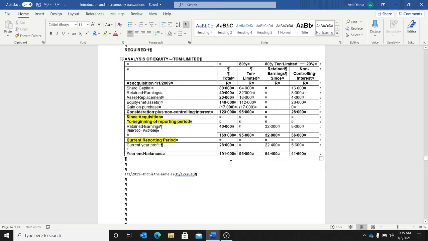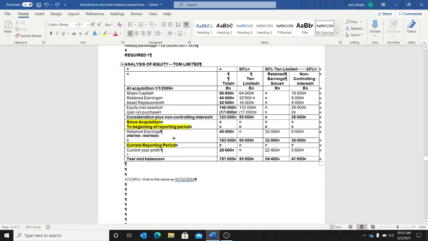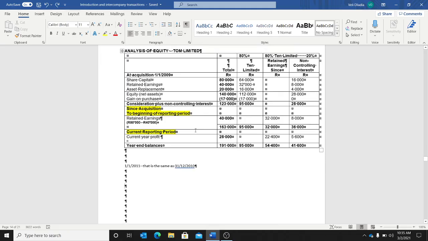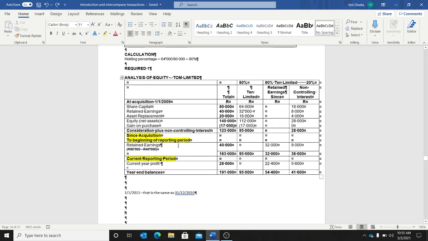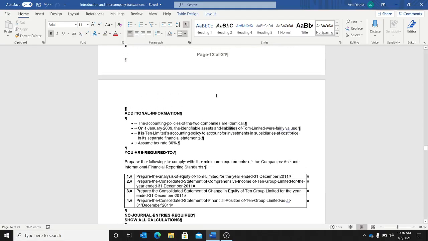All right. You only analyze equity, okay? Right. Then we come to the current year, which is date 2. We are done with this date because there's no other movement in equity. Right. We come to date number 3, which is the current reporting period.